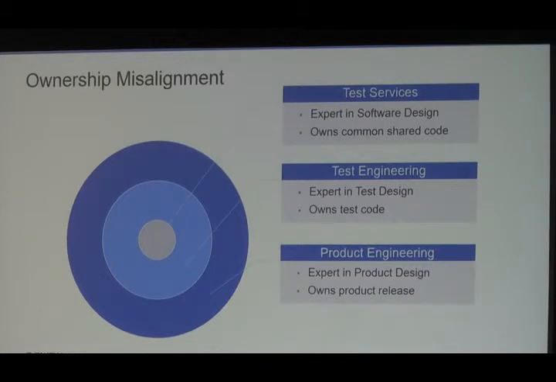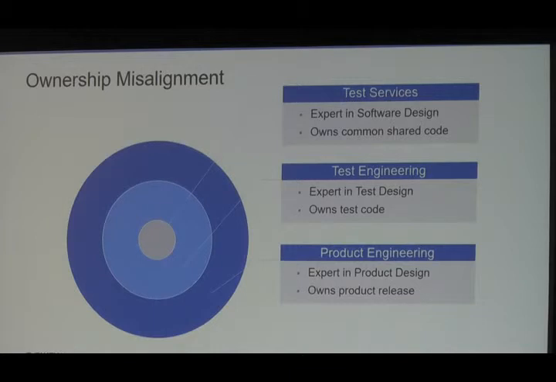And then we have ownership misalignment. If you are anything like us, if you are trying to do a test standardization effort or hardware abstraction layer, you probably have a small group of engineers in the middle that's actually owning and implementing that solution.